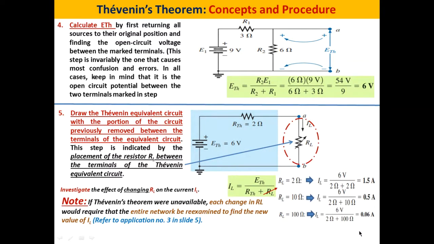Here it is very interesting to note that without transforming the circuit into its Thevenin equivalent circuit, studying the effect of changing RL on the current IL will be a tedious work. It will require us to recalculate and solve the circuit each time.